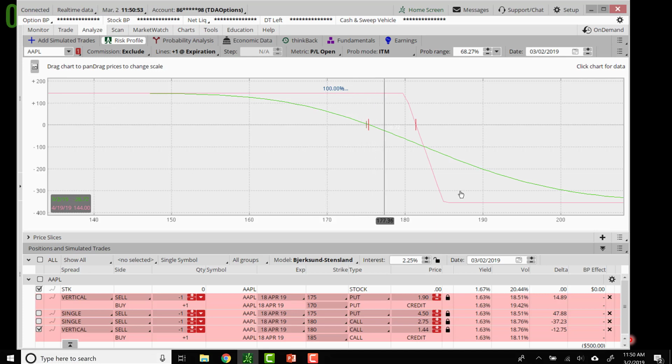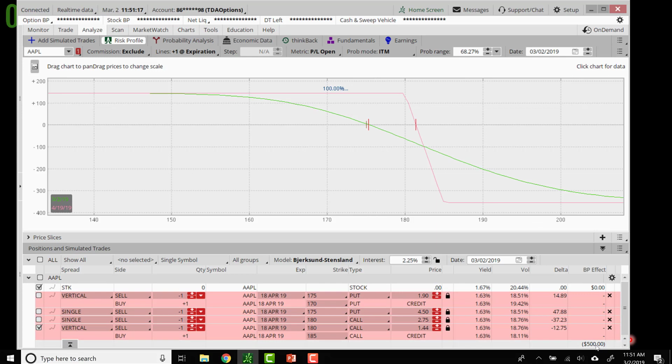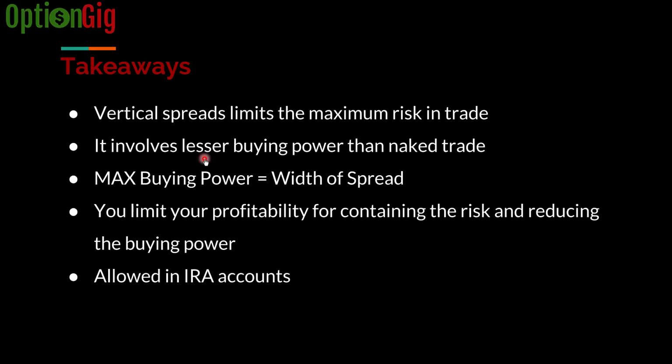This is the maximum loss, which is $356, which is equal to the width of the spread, 500, minus the initial credit received, 144. So my maximum risk is limited to $356, but the maximum profit is much lesser. But look at the buying power. Buying power is only $500. So I hope this makes it very clear in terms of the advantages of using limited-risk spreads.